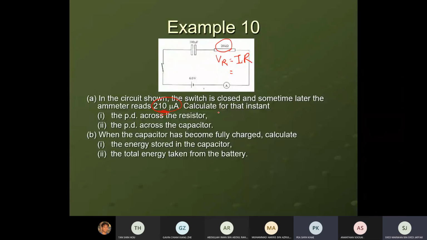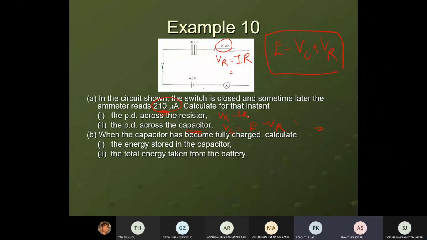Correct? So VR equals I times R. How do you get the PD across the capacitor? The EMF is equal to VC plus VR, always. So VC is the EMF minus VR, which gives you the PD across the capacitor.